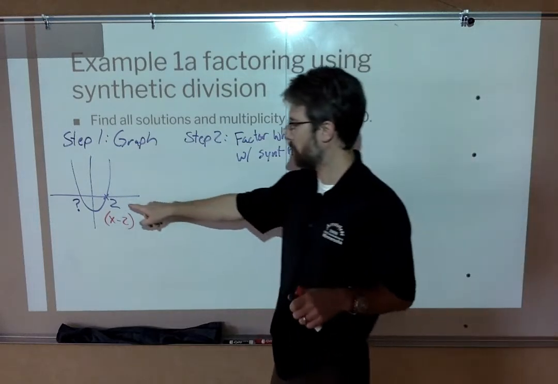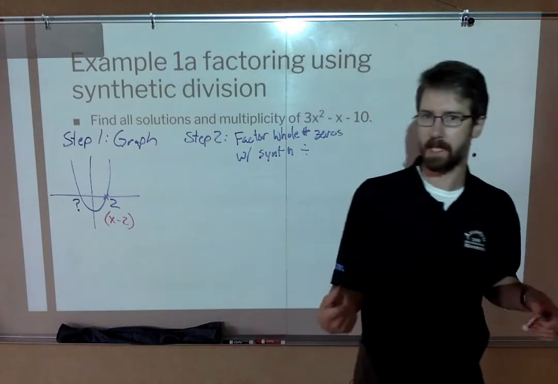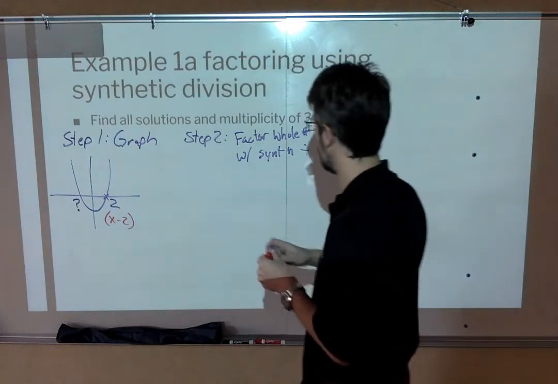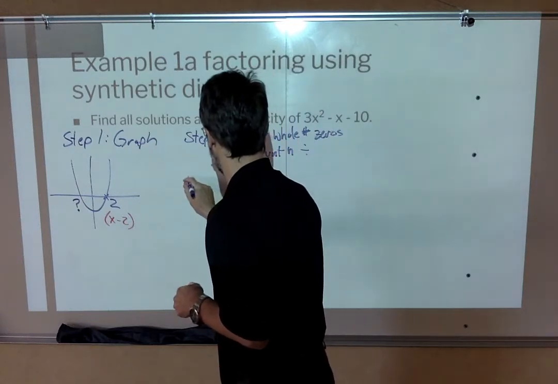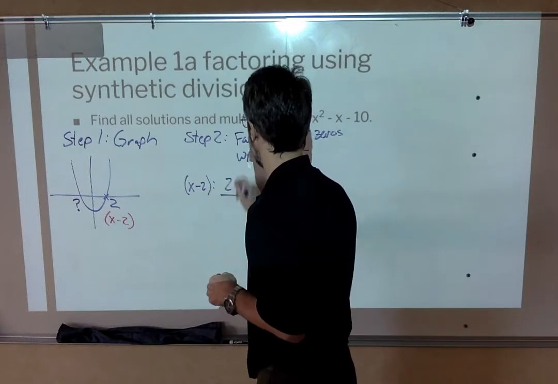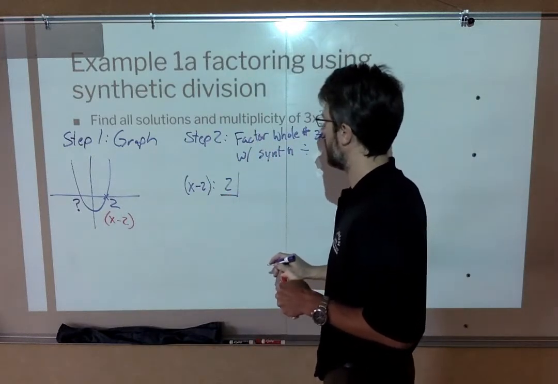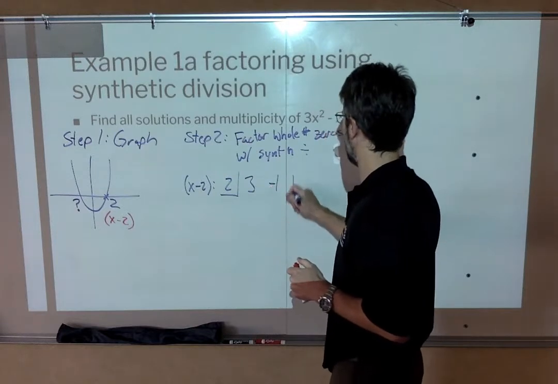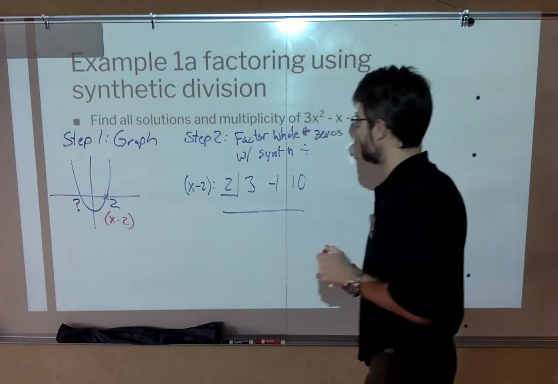For this one I only have one, so I'm only going to do one step of synthetic division. The next one we're going to do multiple steps, so you'll see what that looks like. Okay, so I'm going to start out, we're talking about the factor x minus 2, so I'm going to divide out a positive 2, and our coefficients here are 3, -1, and 10.